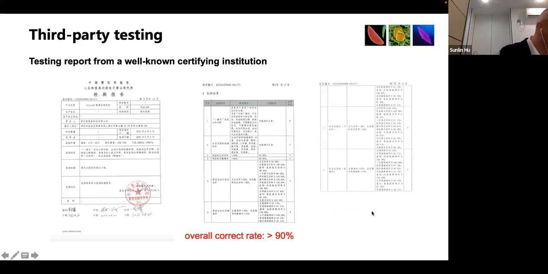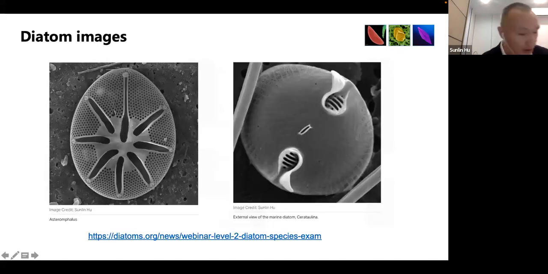We invited a third-party certifying institution to test these systems. The testing result shows that the overall correct rate was over 90%. These are the diatom images taken by these systems.